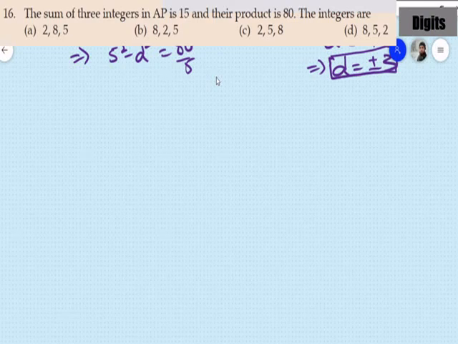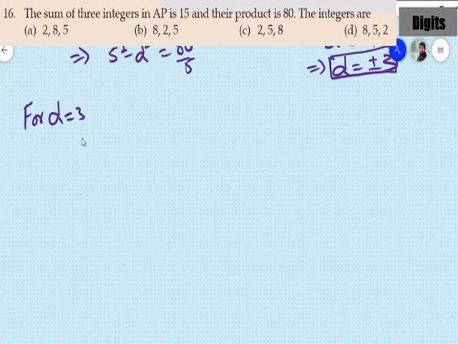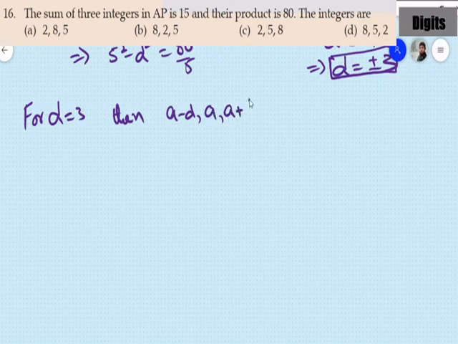So for D equal to 3, the series is A minus D, A, A plus D. Using A equal to 5, the series is 5 minus 3 is 2, then 5, then 5 plus 3, that is 8. Therefore the three numbers are 2, 5, 8.